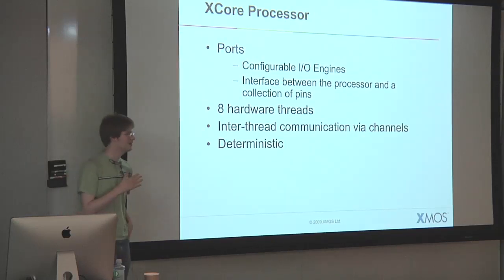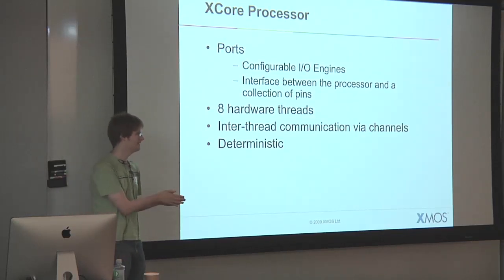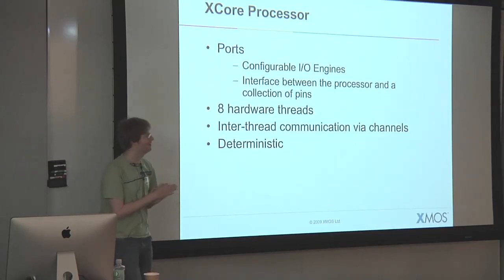So the job of a port is to take data from I/O pins and present it to the processor, and similarly take data from the processor and drive it onto a collection of pins. But it's not just a straight mapping, there's some configurability there to allow you to offload common tasks onto the ports, which kind of execute in parallel with the processor.